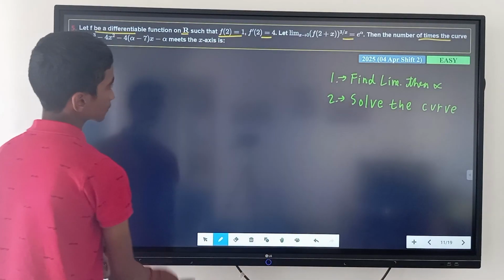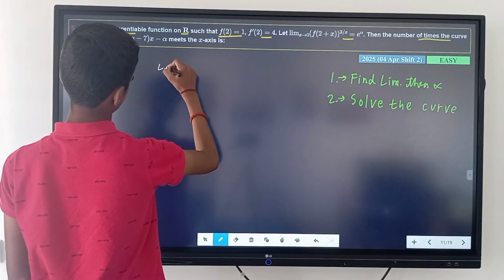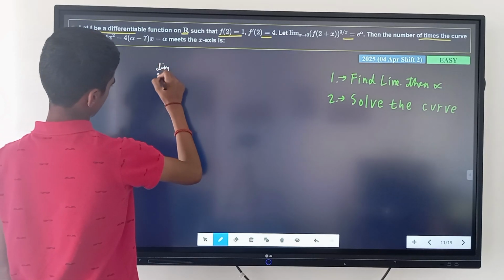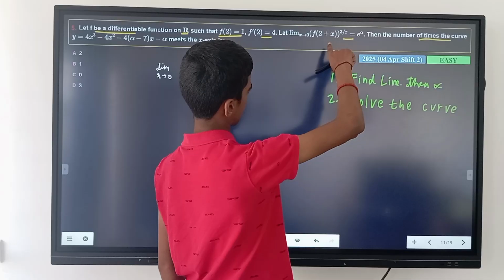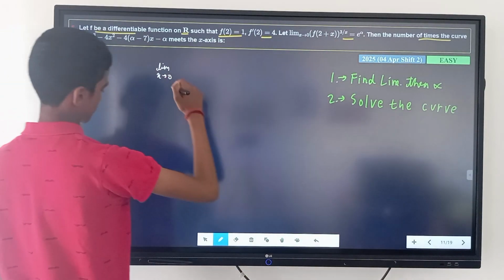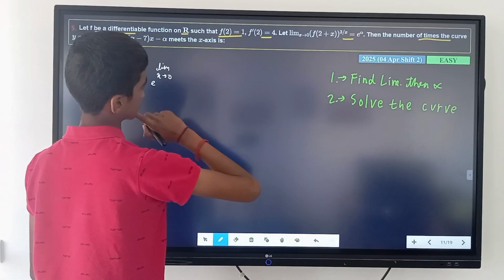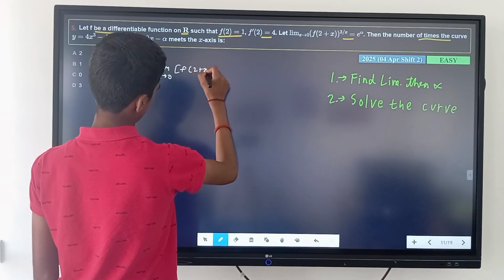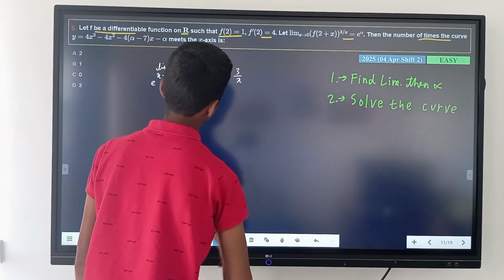Now, so our first step will be to find the limit as x tends to 0. Now this limit is of the form f of 2 is 1 raised to power infinity, so we can write it as e raised to power limit x tends to 0 of f of 2 plus x minus 1 into 3 by x.